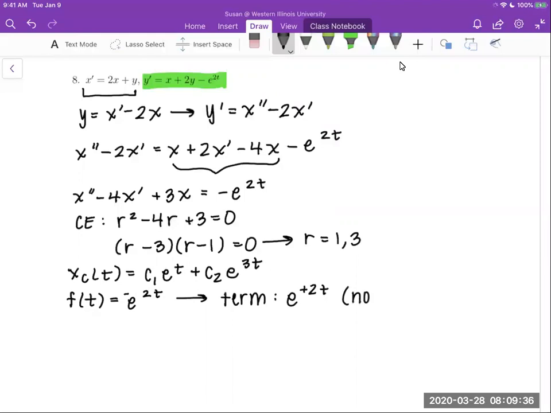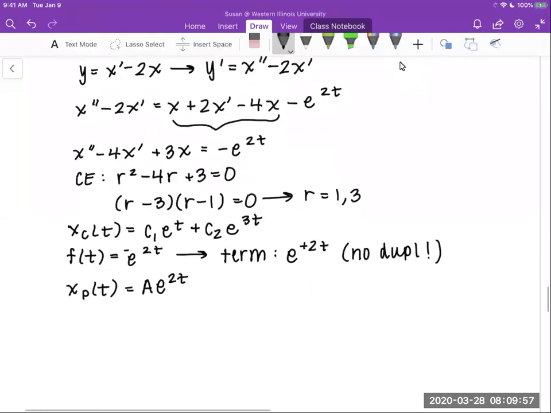So I conclude that I do not have duplication. So for my guess at my particular function, I just have some a e to the 2t. So this is a rather friendly problem because that's going to be an easy function to solve for its coefficients.